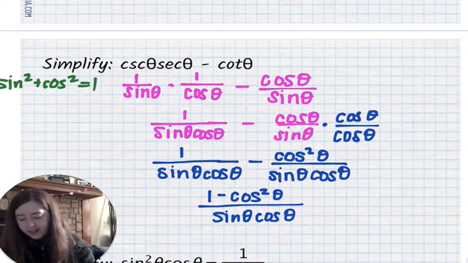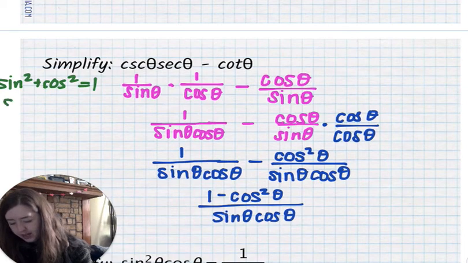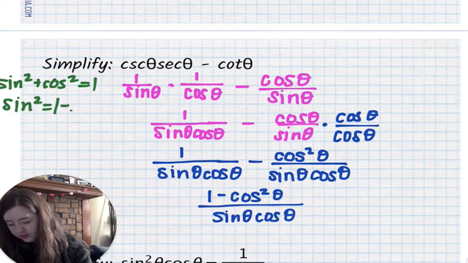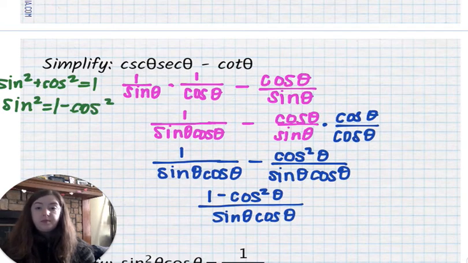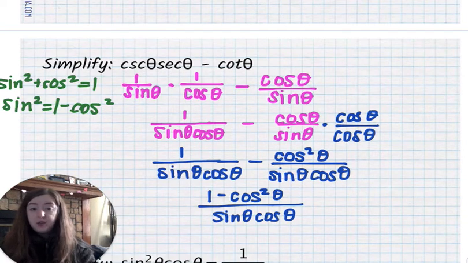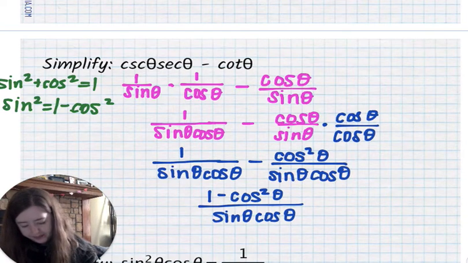So I'm going to rewrite that equation with 1 minus cosine squared. That means we're going to have to subtract cosine squared from both sides. So 1 minus cosine squared is equal to sine squared. So we'll replace him in. Move him up here.